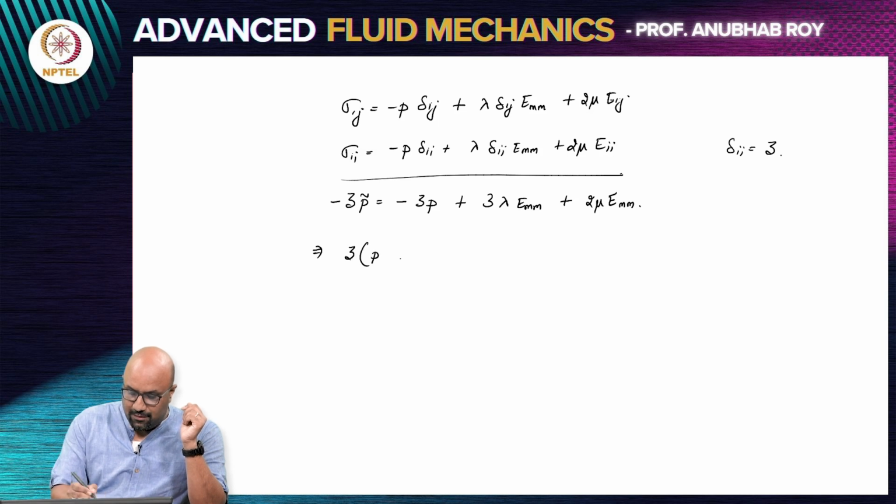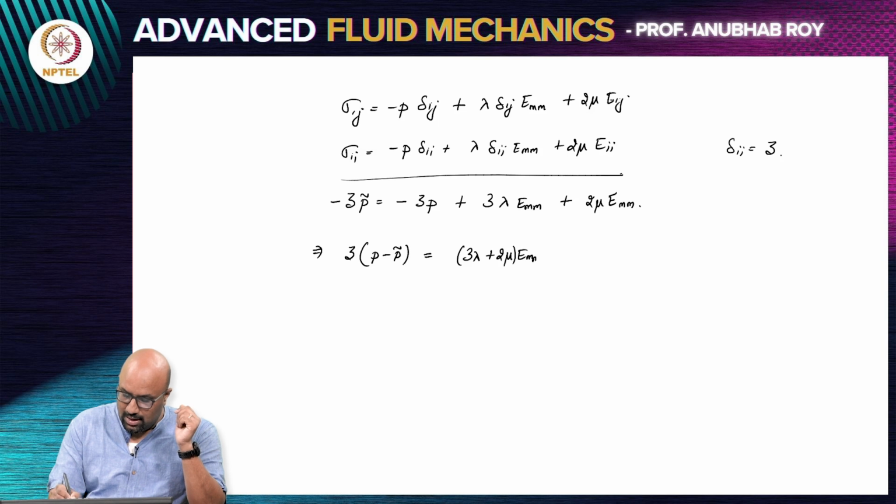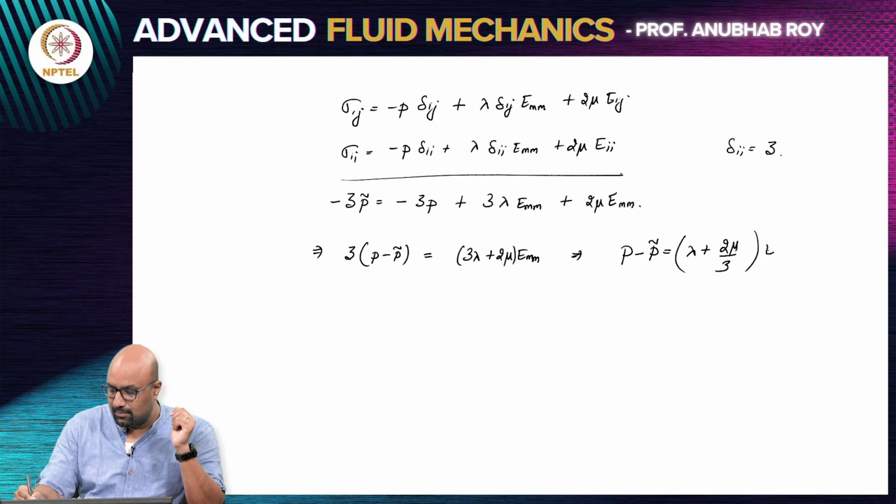So, I have P minus P tilde is equal to (3 lambda plus 2 mu) Emm, or P minus P tilde is (lambda plus 2 mu by 3) Emm.